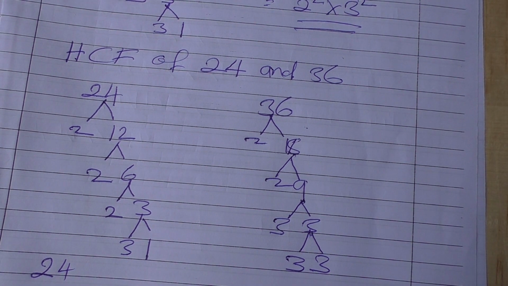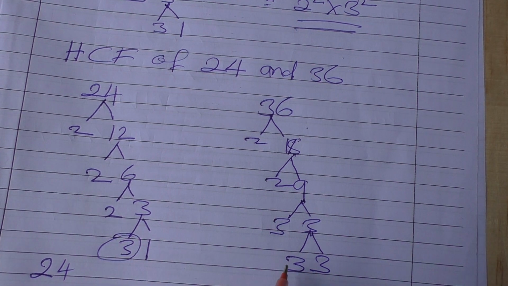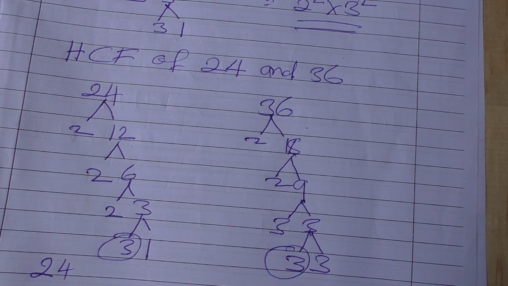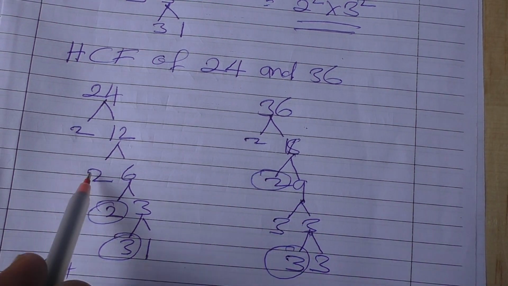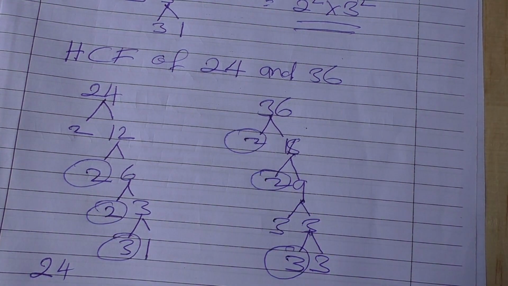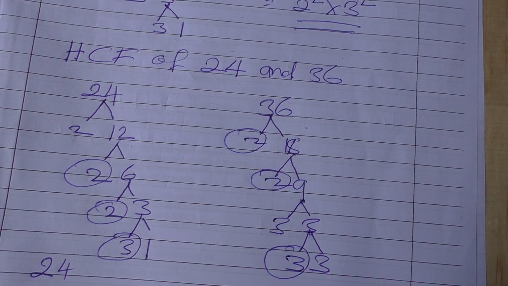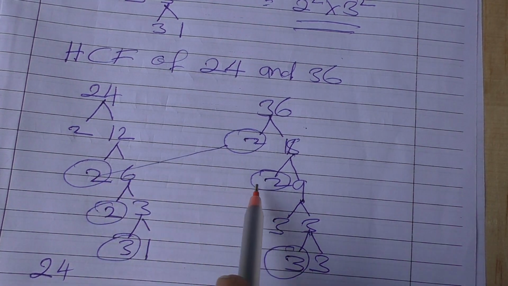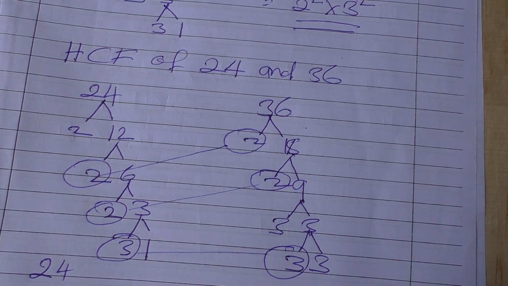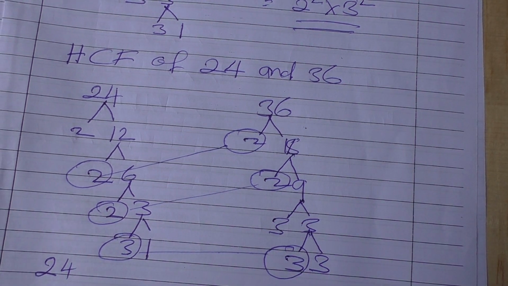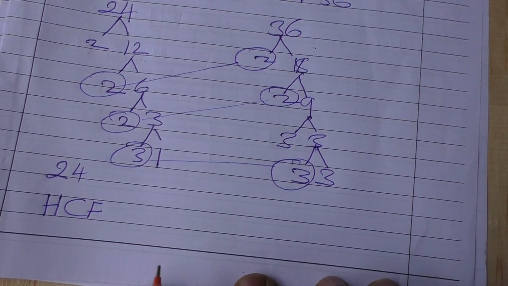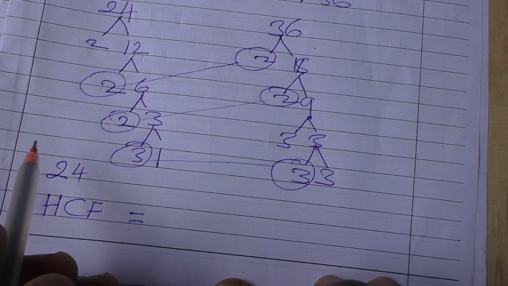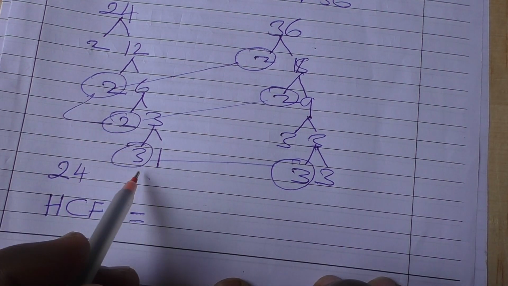Let us look at the common factors. We have a 3 and a 3. We have a 2 and a 2. We also have a 2 and a 2. And now we pair them. And from there we shall have our HCF, because we have paired them.